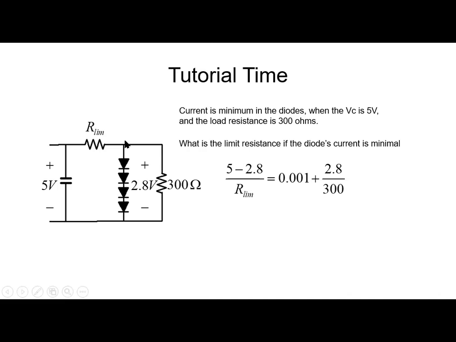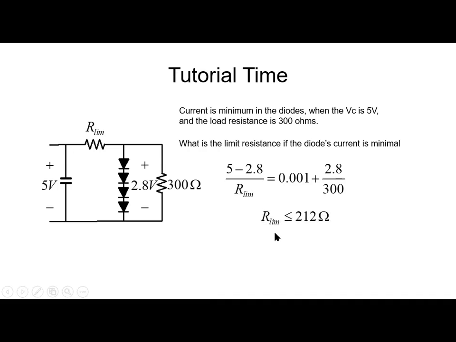Write a KCL equation at the node at the top. 5 minus 2.8 divided by the limiting resistance. That should be equal to the current in the diodes that we are assuming to be the minimal current, 1 milliamp, plus the current in the load, 2.8 divided by 300 ohms.